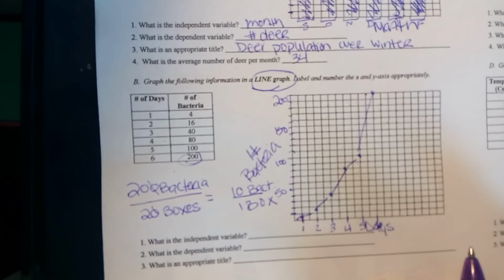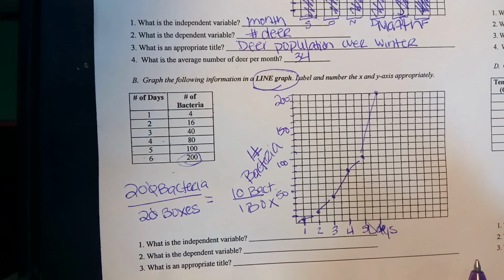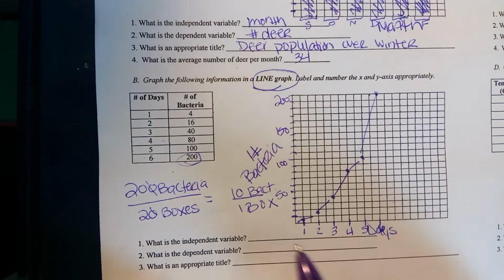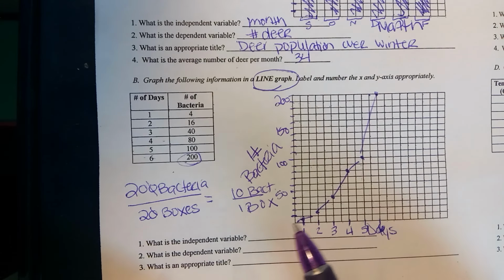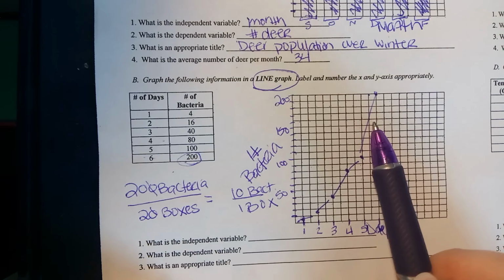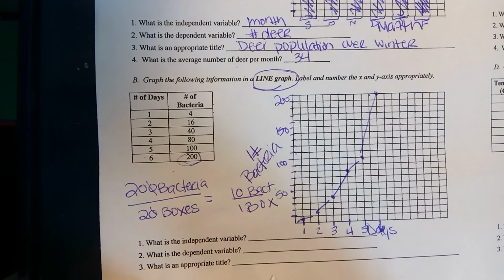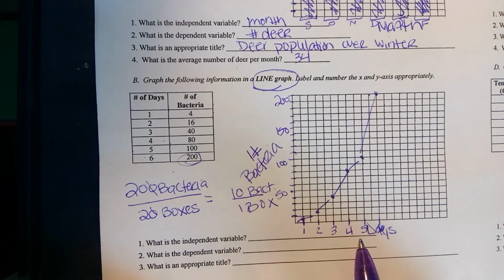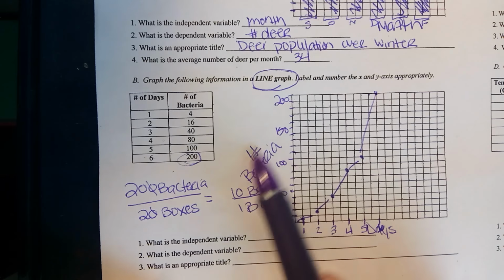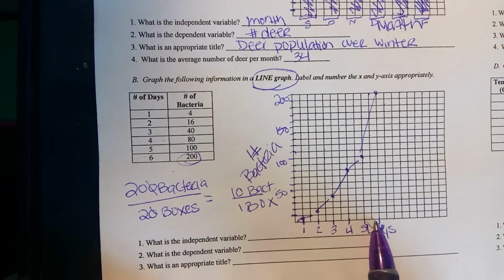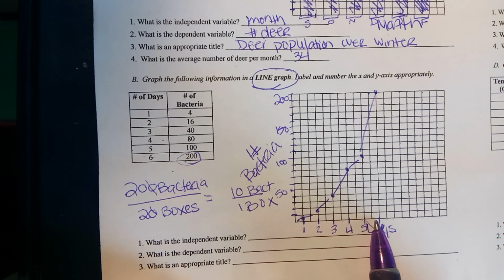So if you were going to describe this graph to someone who cannot see it, you would simply tell them as time goes on, our bacteria increases exponentially. So what was the independent variable? That was days. Bacteria depended. It was a function of days. And a title could possibly be bacteria growth over a week's period.